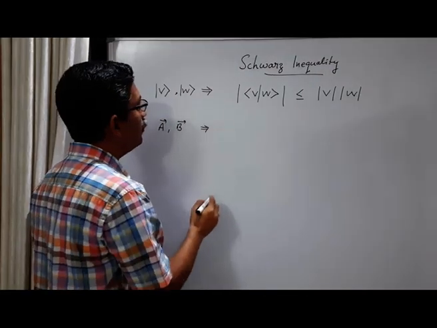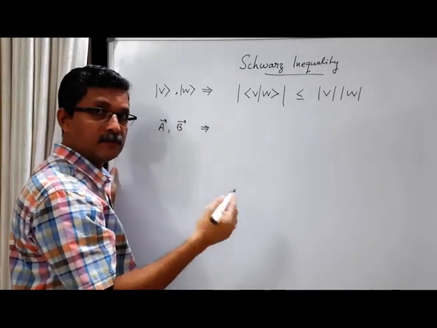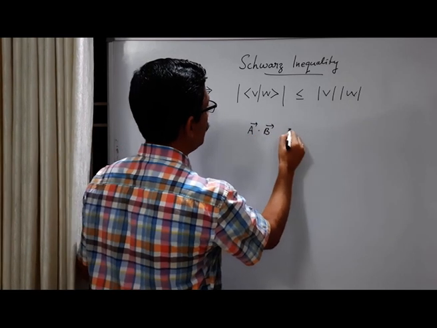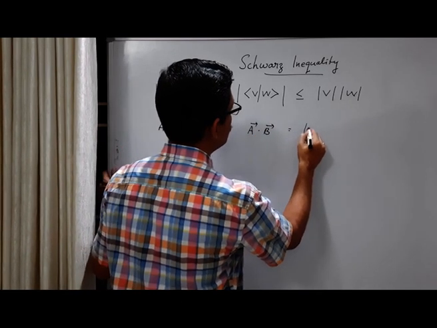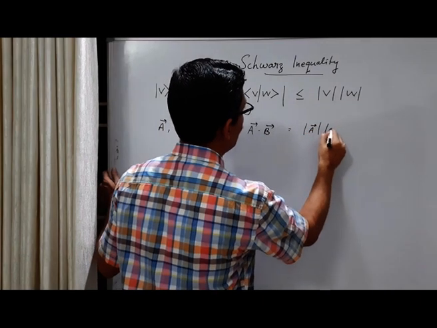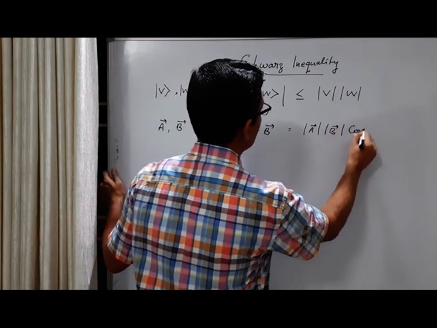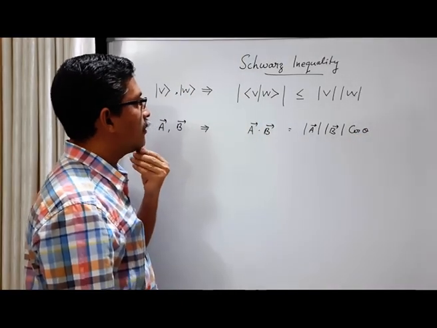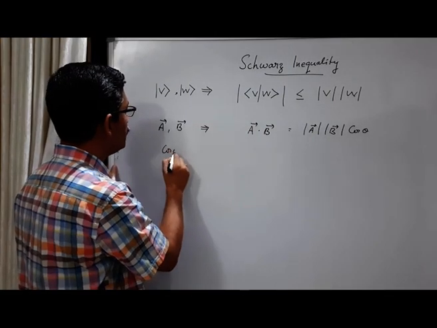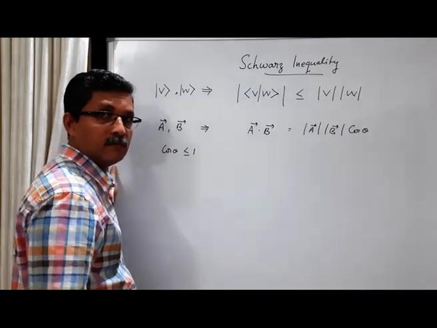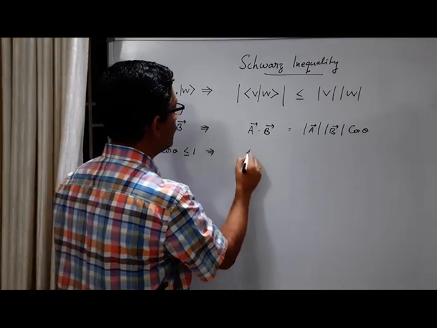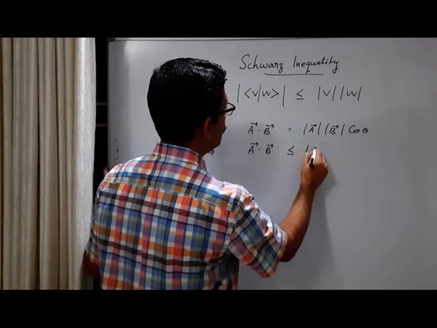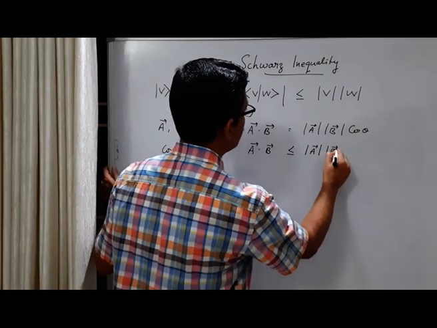Instead of the inner product, we take a scalar product. A dot B is mod A mod B cos theta. Now we know that cos theta is always less than or equal to 1.